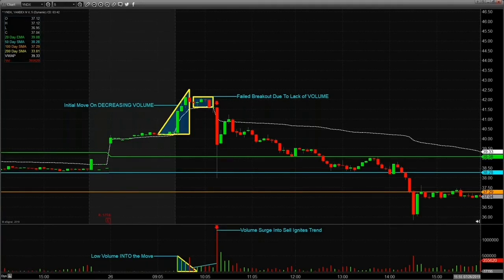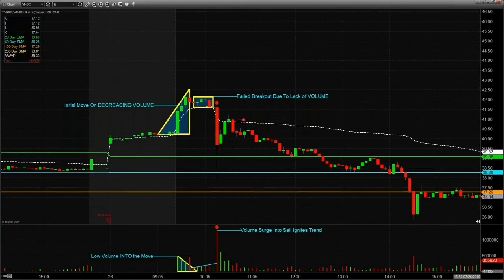Remember we talked about that as one of the things volume can help you do: confirm trend. Once you get the selling volume spike, it's going to confirm the trend for the rest of the day. Look what happens: it sells off over 10% from that initial sell down.